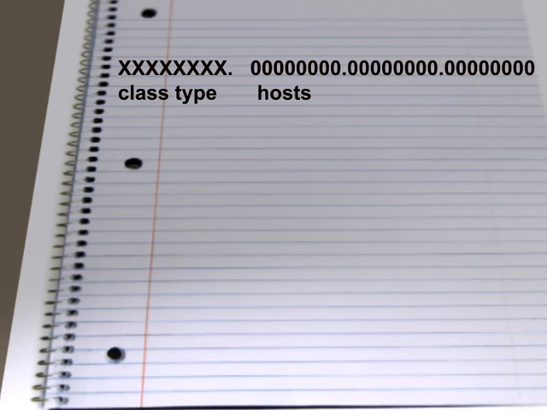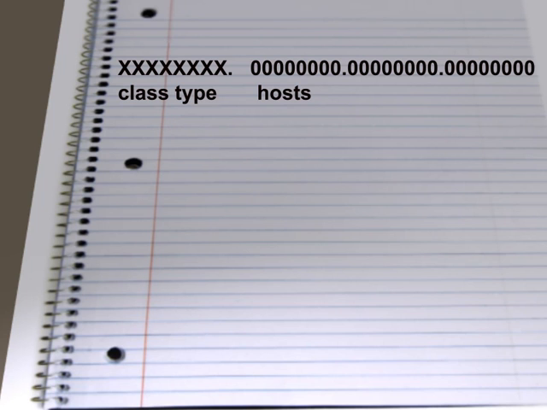This scheme created 5 classes: class A, B, C, D, and E. Each class had a specific bit length to determine how many networks were in a class. The rest of the bits, the last 3 octets, were used as they were previously to define the number of hosts that a network could possibly have.